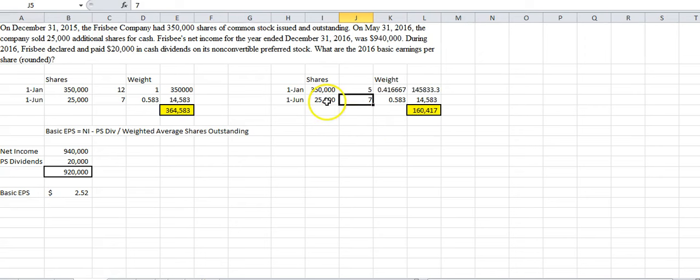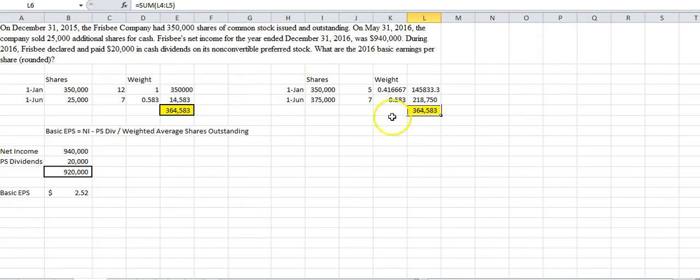And then I had 375,000 shares outstanding for the next 7 months, right? So this balance has a weight of 5 months, and this balance has a weight of 7 months, and you combine them, and it's 364,583. Notice you get the same results.